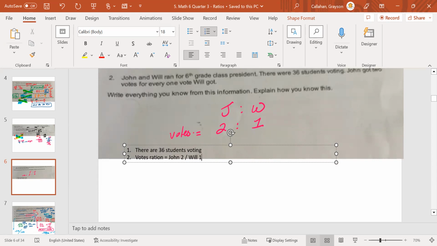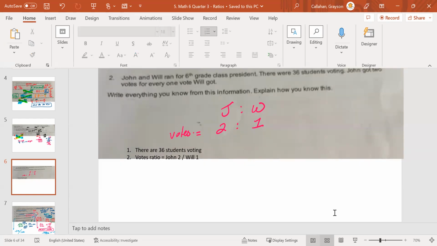Does that make sense? 36 divided by 3 is 12. Do you agree? This is divided into 3 different ways, right?